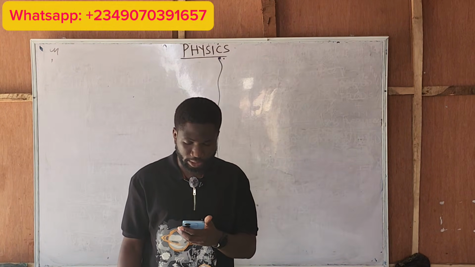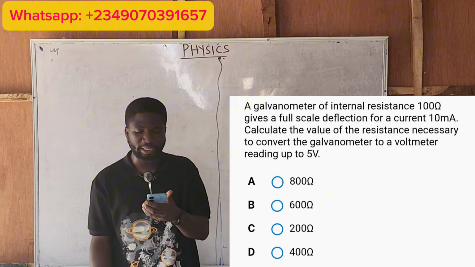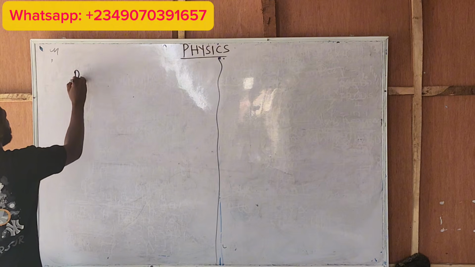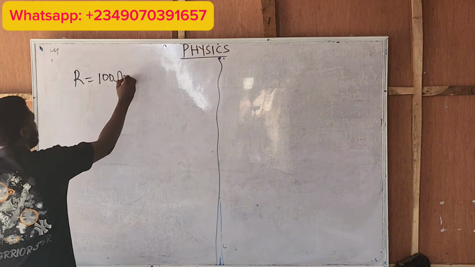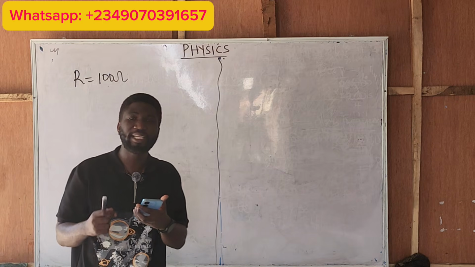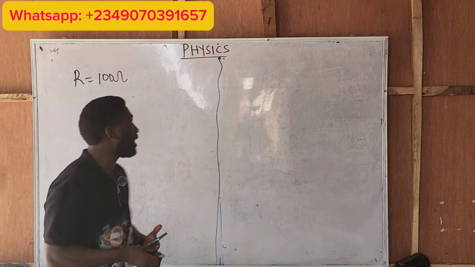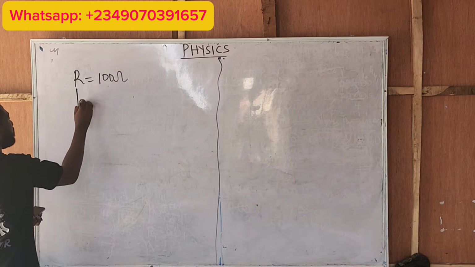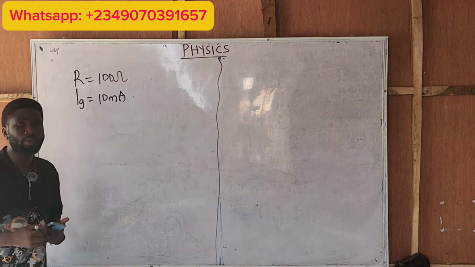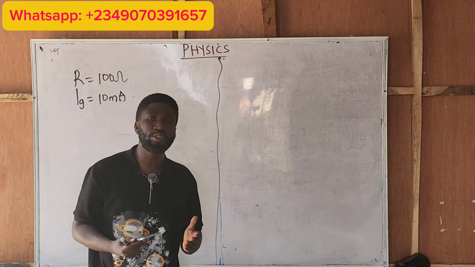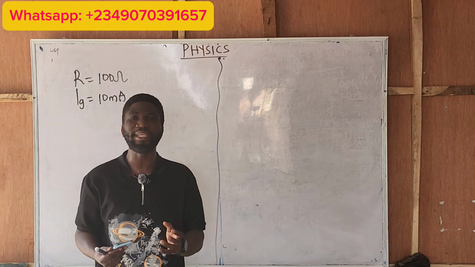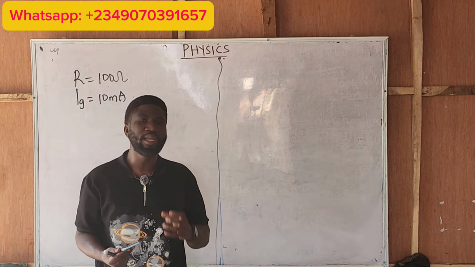So the next one says a galvanometer of internal resistance 100 ohms. So we have the resistance to be 100 ohms. It gives a full scale deflection for a current of 10 milliampere. That is the current of the galvanometer, which is 10 milliampere. We know by now that a galvanometer is used to measure small amounts of current. We also call it a milliammeter.